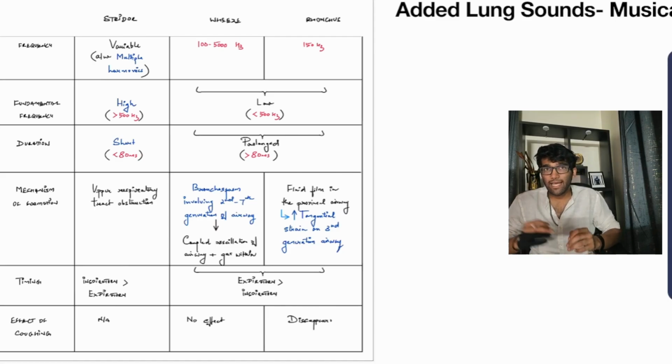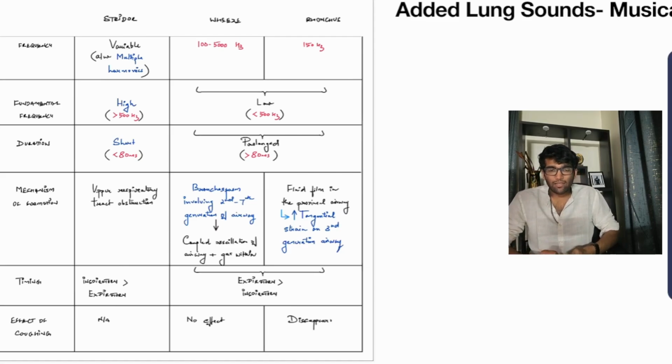Now, wheezing can be polyphonic or it could be monophonic, as in multiple different frequencies of wheezes can be heard simultaneously, which is then called polyphonic, and it can be monophonic also. So monophonic wheezing can also be due to an obstruction a little bit more distal in the airway. Okay, so that is something that we need to keep in mind.